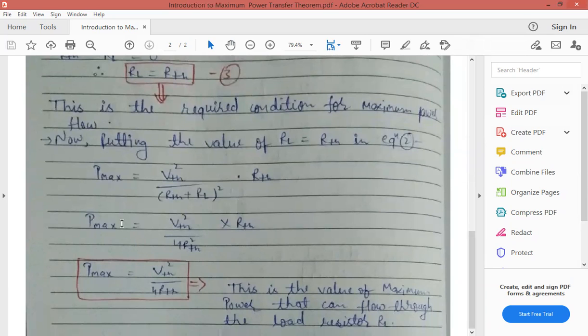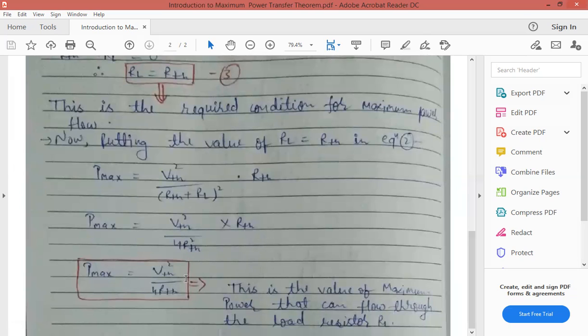So our P max, the maximum power through the load resistor, will be VTH square upon 4 RTH square into RTH. One power of RTH will be cancelled out. Then we get VTH square upon 4 RTH.